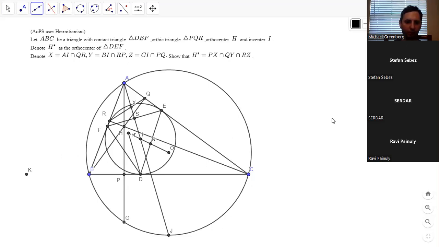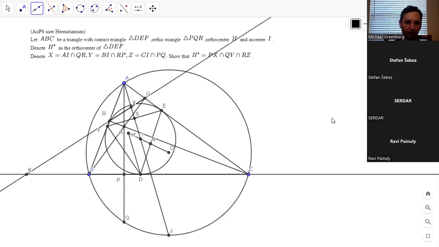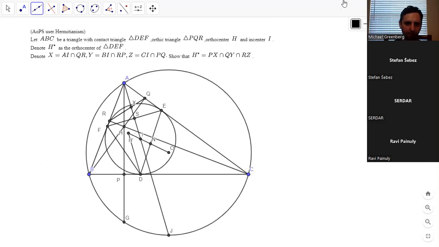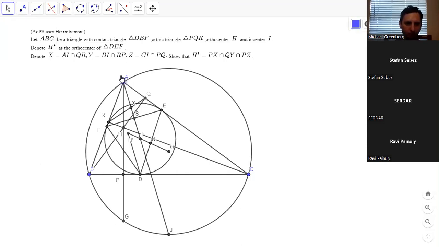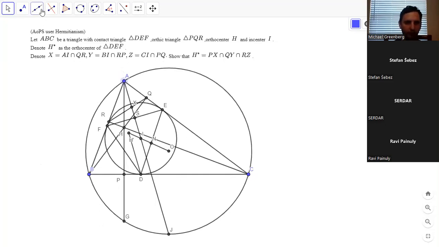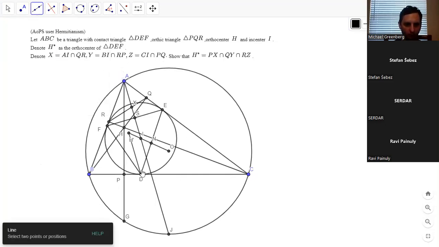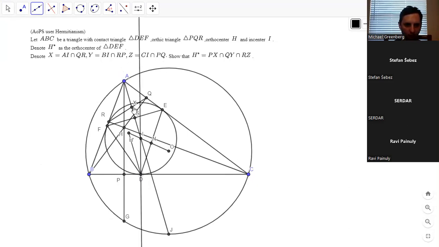So P, H prime, and X, I don't know where X would go, but we know where P and H prime go. Let's check out DX. I don't know if we could say anything about that point.